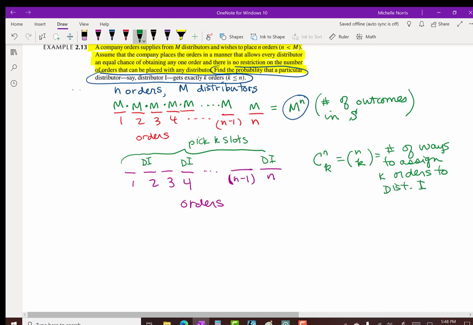Once we've assigned our K orders to distributor 1, there are N minus K orders left. Those are the empty slots up here. Those empty slots need to go to a distributor different from distributor 1.